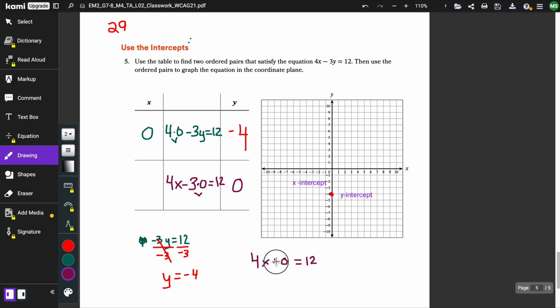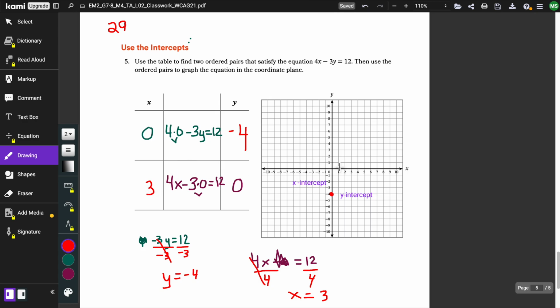Again, this minus 0 is not really there. So I'm left with 4x equals 12. In order to get my x alone, I want to divide both sides by 4. And I'm left with x equals 3. So when y is 0, x is 3.